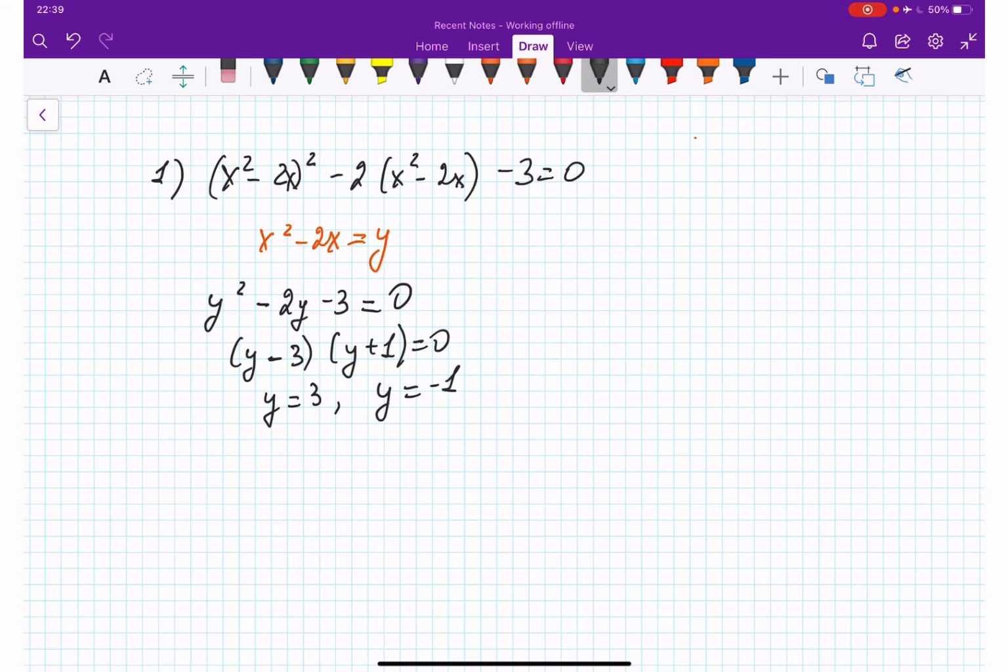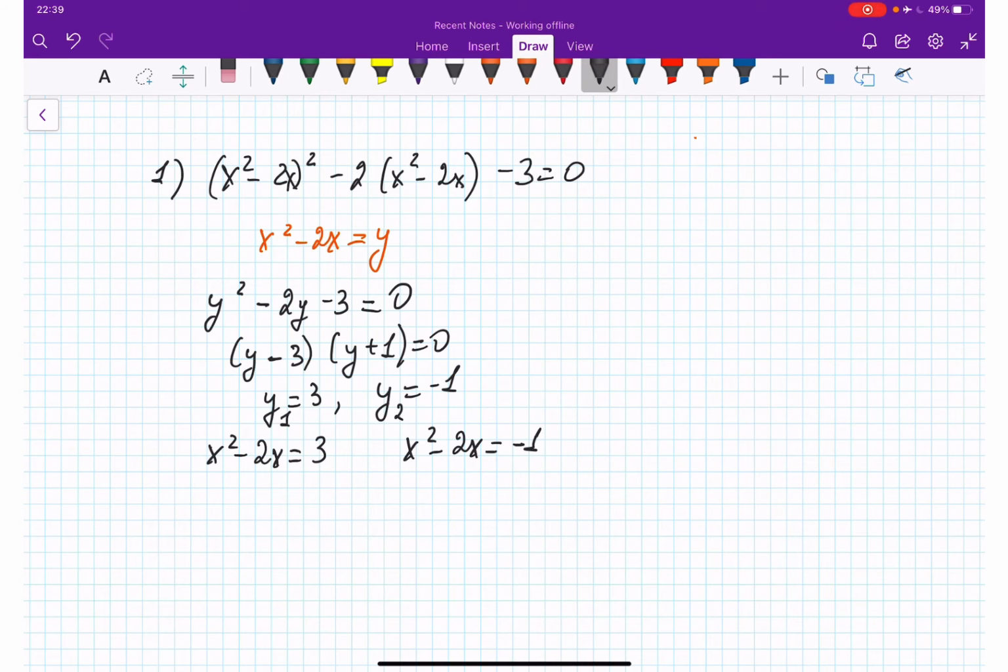Let me write down y1, y2. Okay, from here I can reverse the substitution, which means I will have x squared minus 2x is equal 3 and x squared minus 2x is equal negative 1.